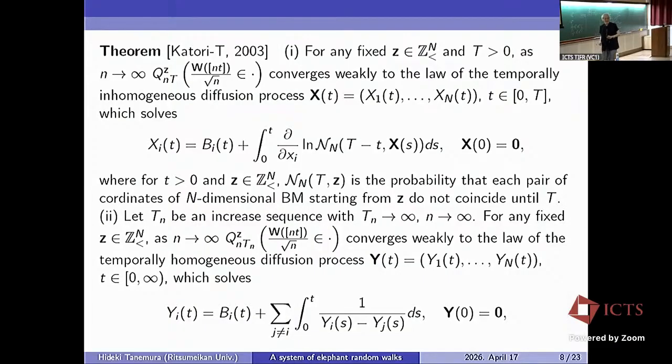If you consider two particles and the distance between them, this is the one-dimensional case: the first one is the Brownian meander, the second one is the three-dimensional Bessel process.